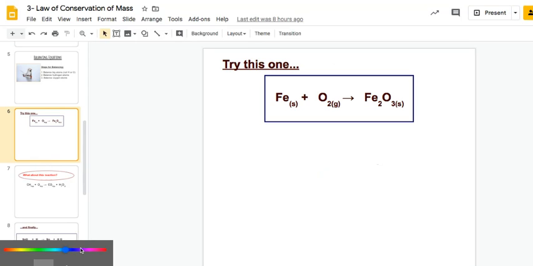So bear with me as I work to get technology to cooperate with me. So if I am looking at my equation, my chemical reaction, I am going to divide this in half, okay?